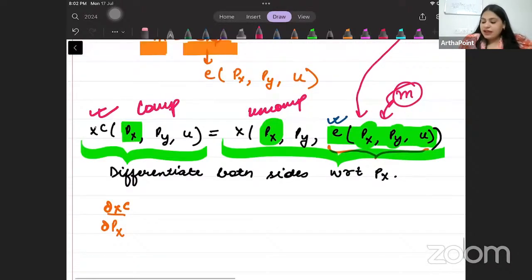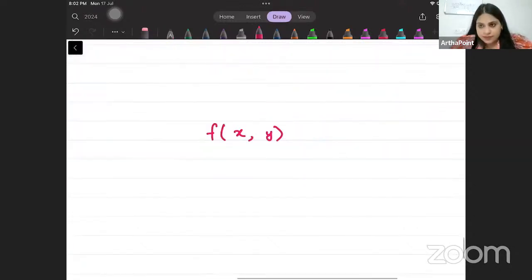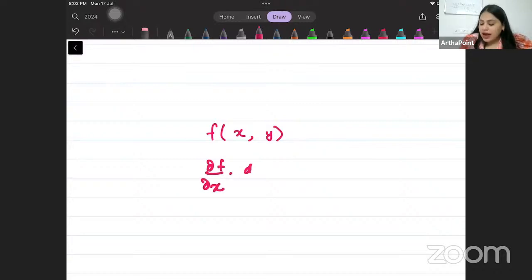See beta, when f is a function of x and y, and I ask you to differentiate this function, so you will tell me how f changes as x changes, dx, how f changes as y changes, dy. ऐसे differentiate करते हैं.